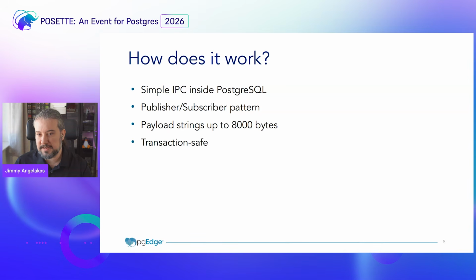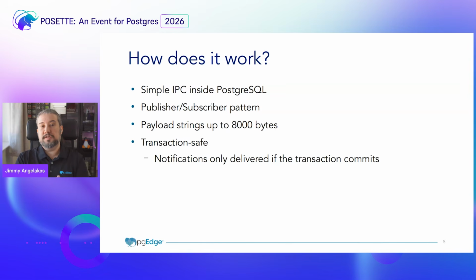And additionally, it's transaction safe. This is a mechanism that is transaction aware. So the notifications for your transaction are delivered if the transaction commits. And this is what makes it really safe.